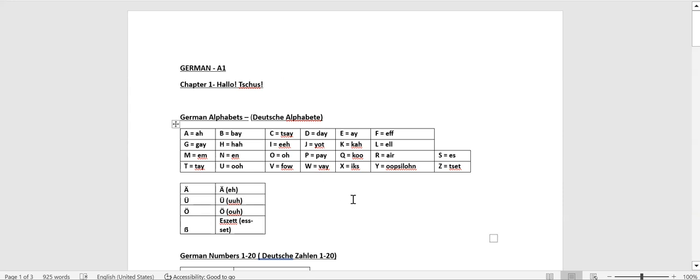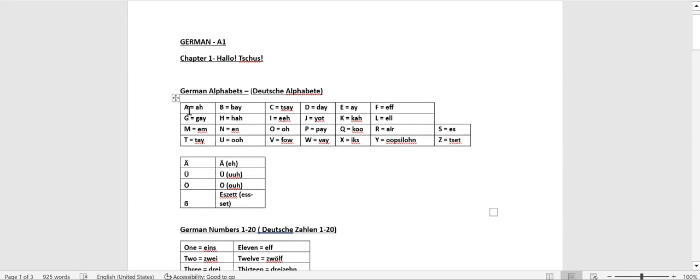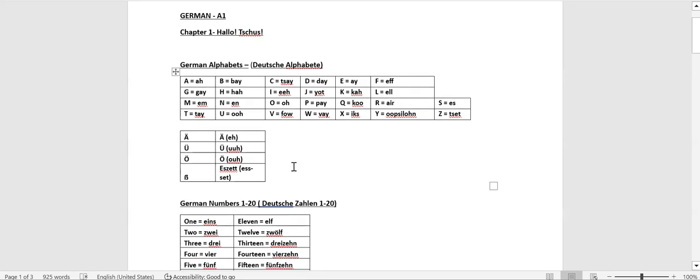Like any other language, let's start with the German alphabet. In German, we say A for A, B is B, C, D, E, F, G, H, I, J, K, L, M, N, O, P, Q, R, S, T, U, V, W, X, Y, Z. There are another 4 letters which are supporting letters.